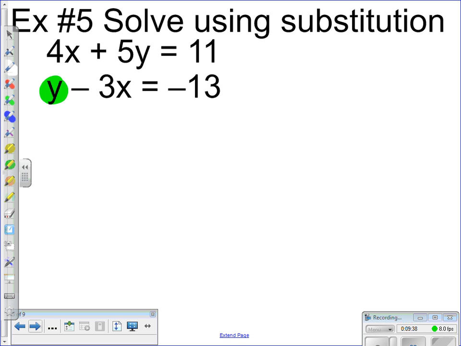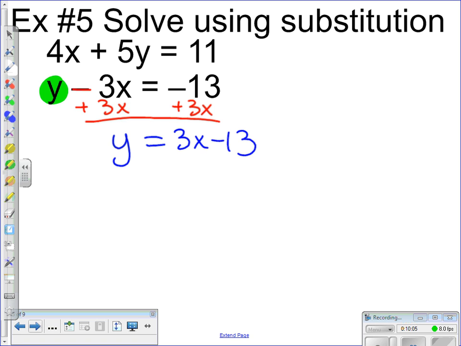But before I can do that, I need to make it y equals, not y minus 3x. To do that, the 3x has to go to the other side. And since it's minus 3x, I'll add 3x to both sides. When I do that, I'll discover that y equals 3x minus 13.